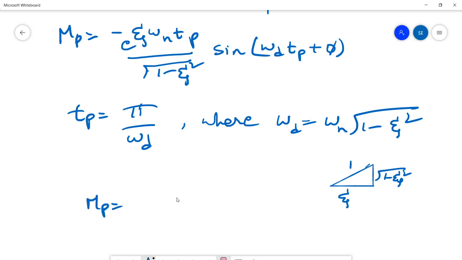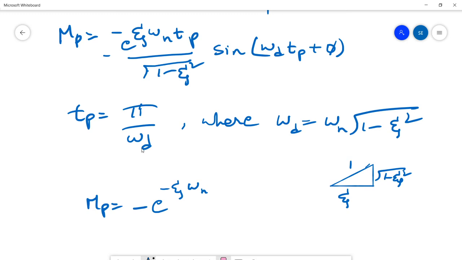Mp is equal to minus e power minus zeta omega n Tp. It's actually minus is there here also. We will substitute Tp, Tp is equal to pi by omega d.